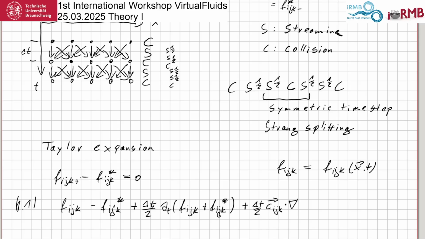So the direction in which we go times a scalar product with nabla on F_ijk. Here again, the pre-collision is in positive direction minus the post-collision in the negative direction. So we'll get here a plus again, F_ijk after collision.